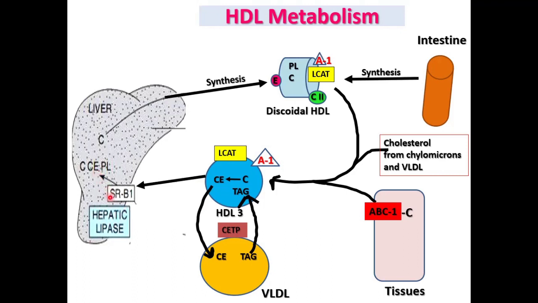Much of the cholesterol is excreted through the bile either as cholesterol or after conversion to bile acids and bile salts. The bile salts are then stored in the gallbladder and excreted into the intestine when a meal is ingested.